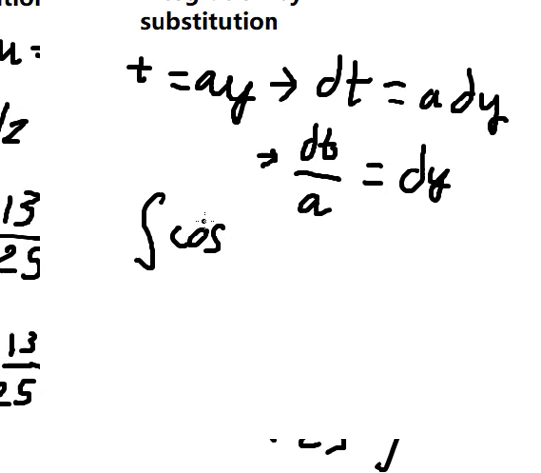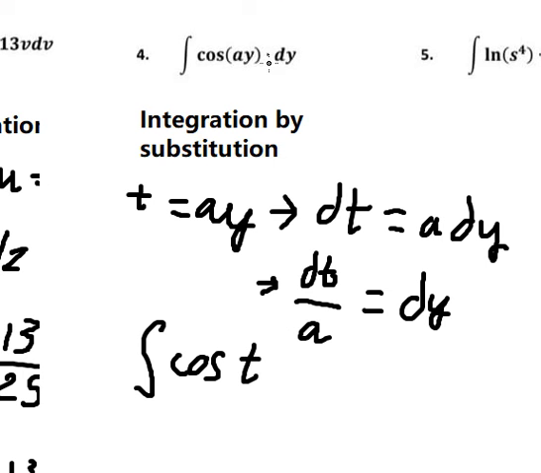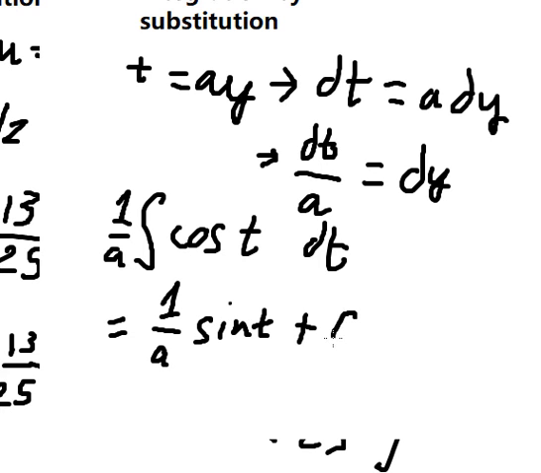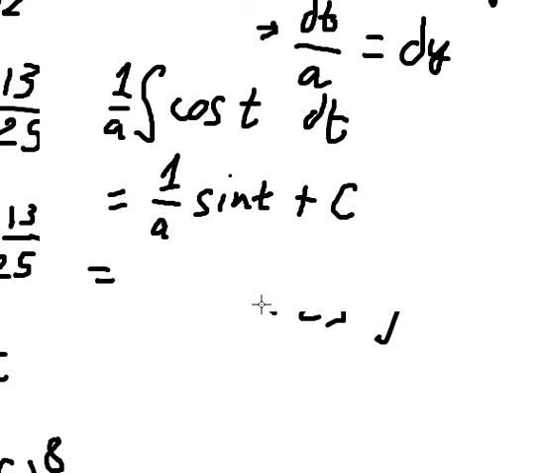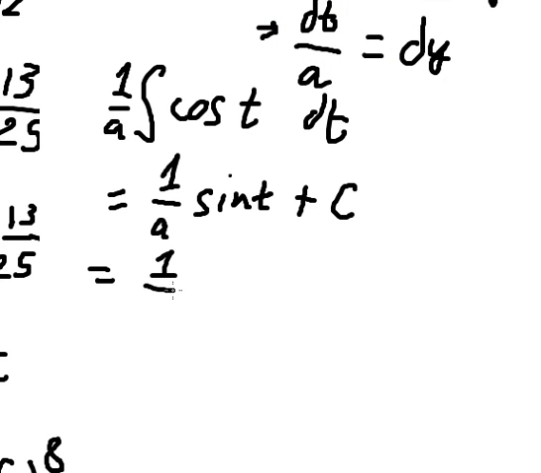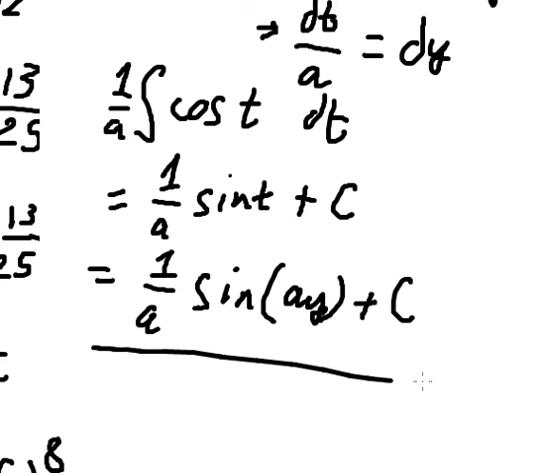So ay we change by t, dy we change by dt over a. So the integration of cosine t, we have sine t, and we put c. Now about t, that's ay. And this is the final answer.